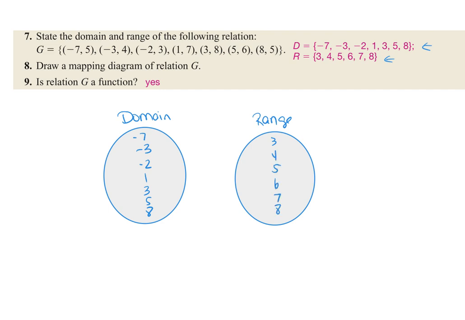And then you would just draw an arrow. So negative 7 goes to 5, negative 3 goes to 4, negative 2 goes to 3, and so on and so forth. Again, it doesn't matter if the y's repeat. It does matter if the x's repeat. And that would be your mapping diagram.